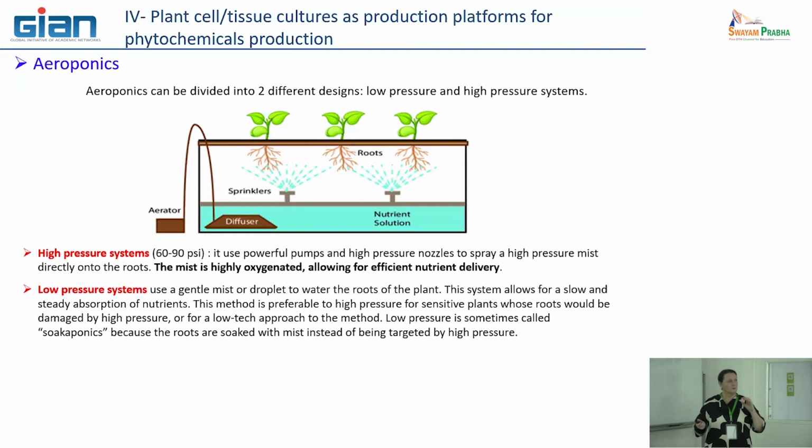But when you use high pressure, you may have some problems with roots if they are sensitive to this. So you need to find here a balance between technical parameters and the sensitivity of your plants. So you can adapt. But it is true that with a low pressure system, you may have a more controlled way to apply different molecules or nutrients that are in your solution.